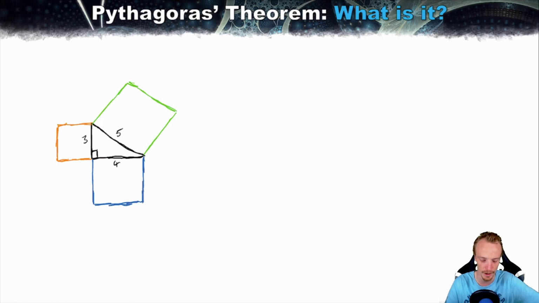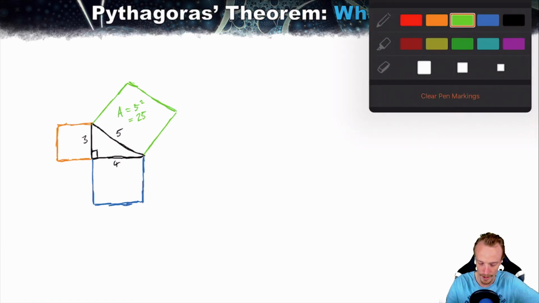So how would I calculate the area of this? Because it's a square, it's going to be one side times by itself. This side length is 5, so it's going to be 5 squared, which equals 25 square units.